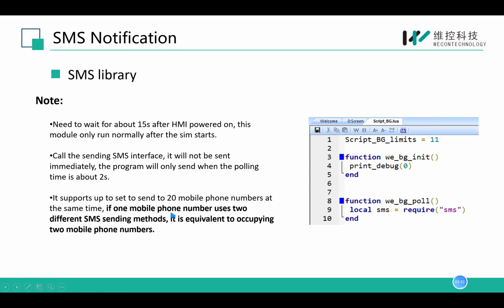And if one mobile phone number uses two different SMS sending methods, it is equivalent to occupying two mobile phone numbers. So those are some tips when we send SMS.